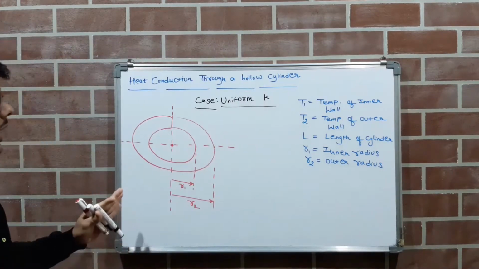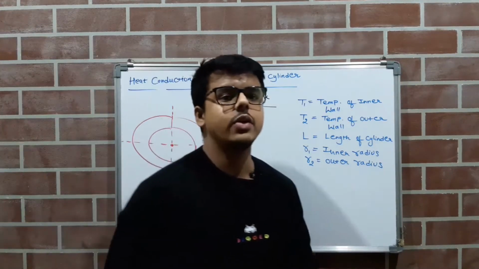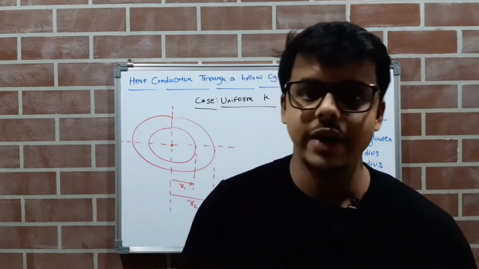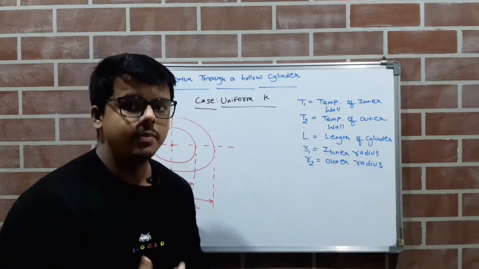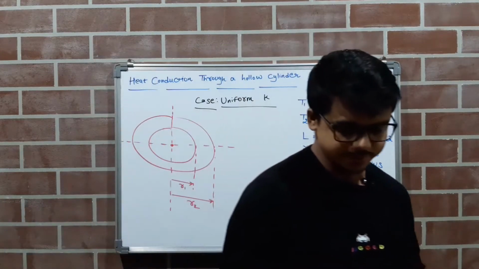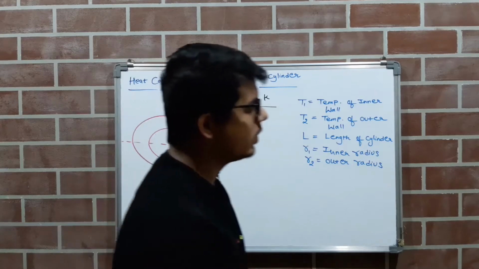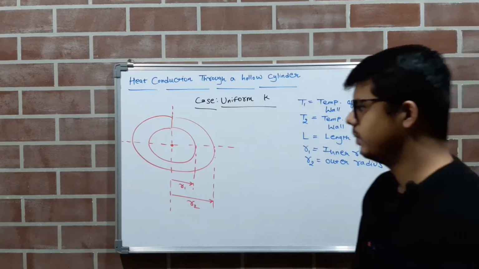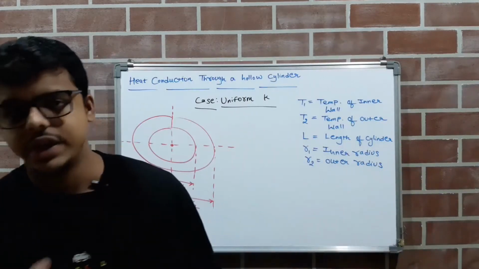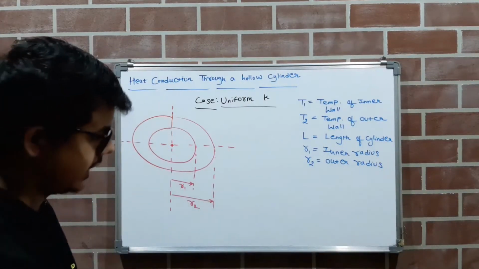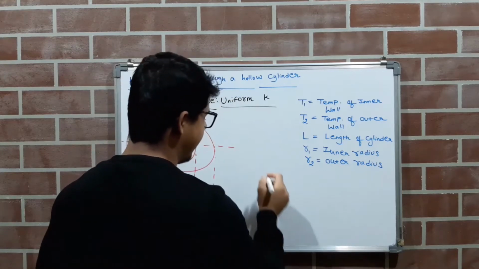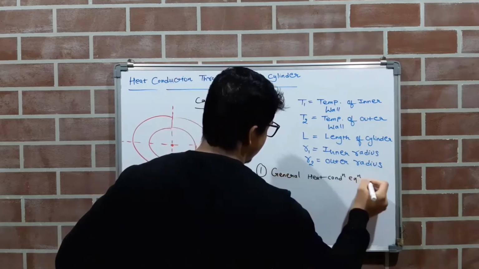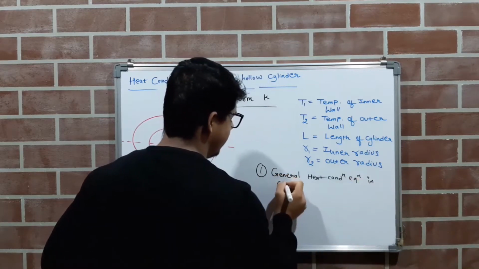Now our aim is to derive the equation of heat conduction. For that we have two methods: by Fourier's law or by the general heat conduction equation. In this video we will derive the equation using the general heat conduction equation. We have three types of general heat conduction equation. First is the general heat conduction equation in Cartesian form.